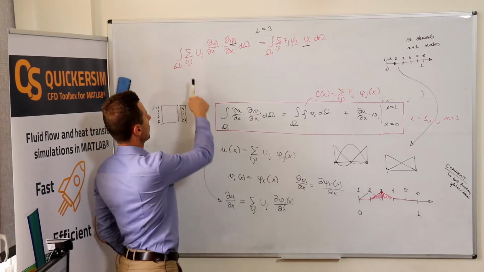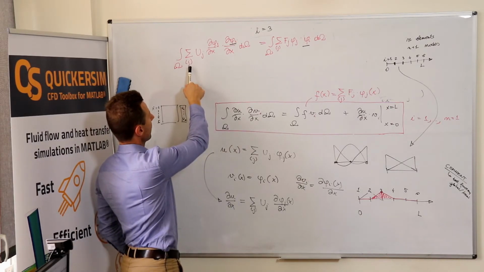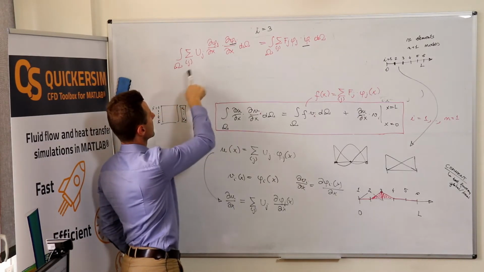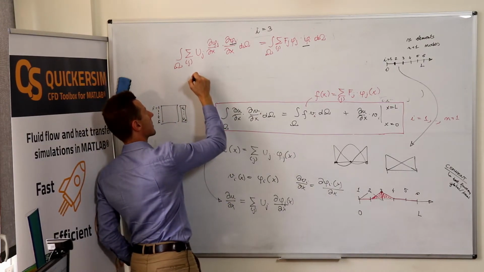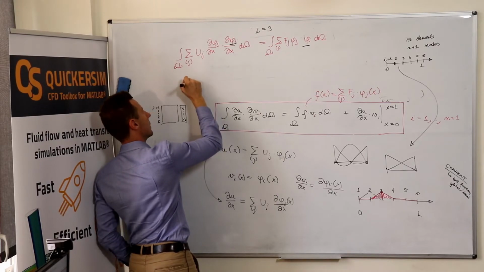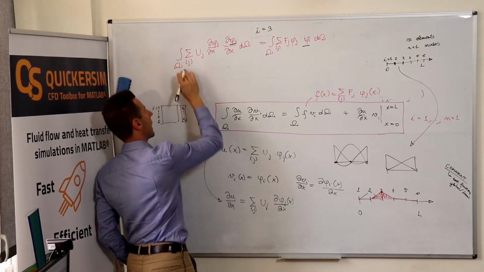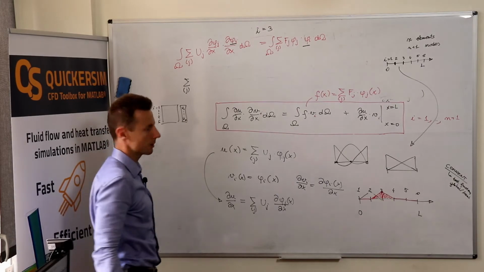What do we have here? Everything that is left is just the sum over j, and let me rewrite it slightly in a way that I take the summation out of the integration.